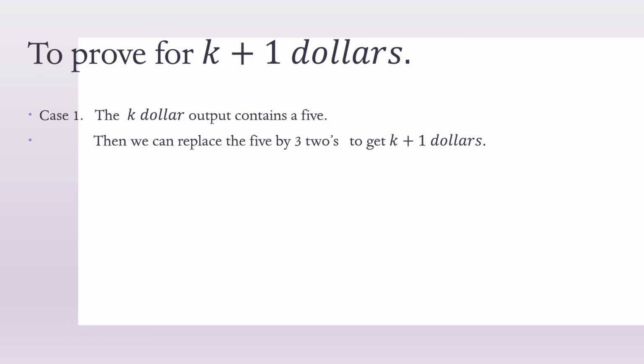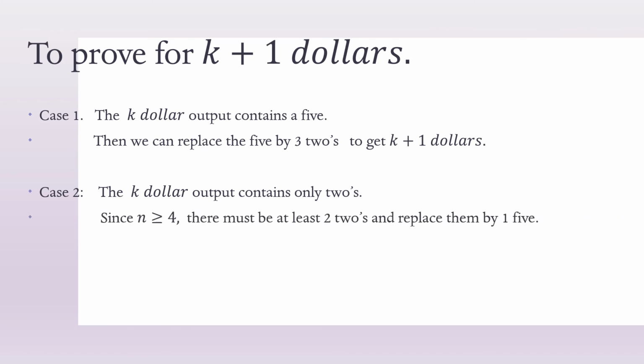So instead of $5, we can replace that $5 by 3 2's, and hence you have got k plus $1 here. Suppose it contains only 2's, no 5 at all, then there must be at least two 2's, and we can replace those two 2's by one 5. When you replace two 2's, which is $4, by one $5, then the total comes to k plus 1. And that is the proof.